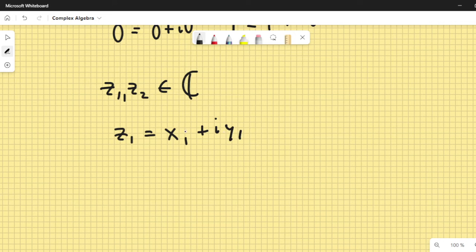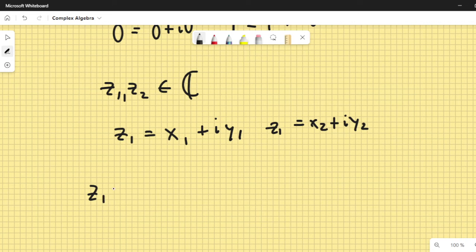In this case, c1 is x1 plus iy1, and c2 will be x2 plus iy2. This is also called the rectangular form of the complex number: x plus iy, a real plus a pure imaginary.